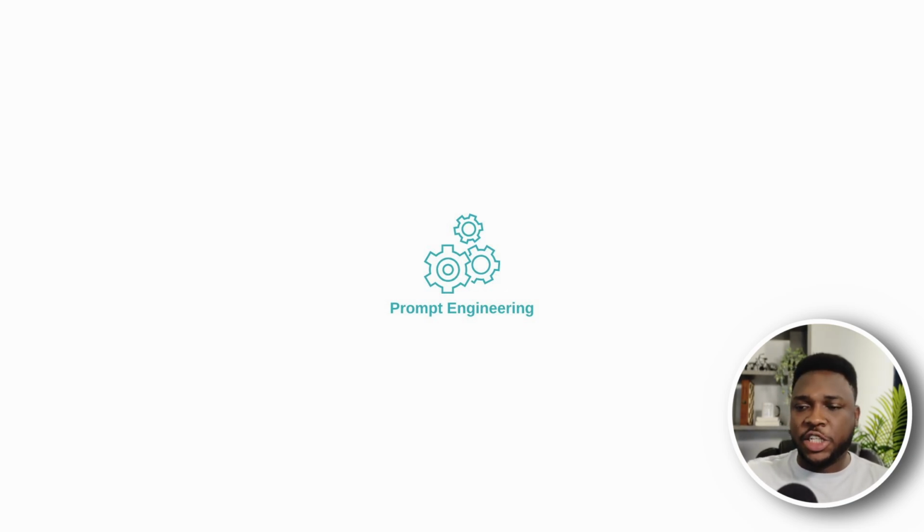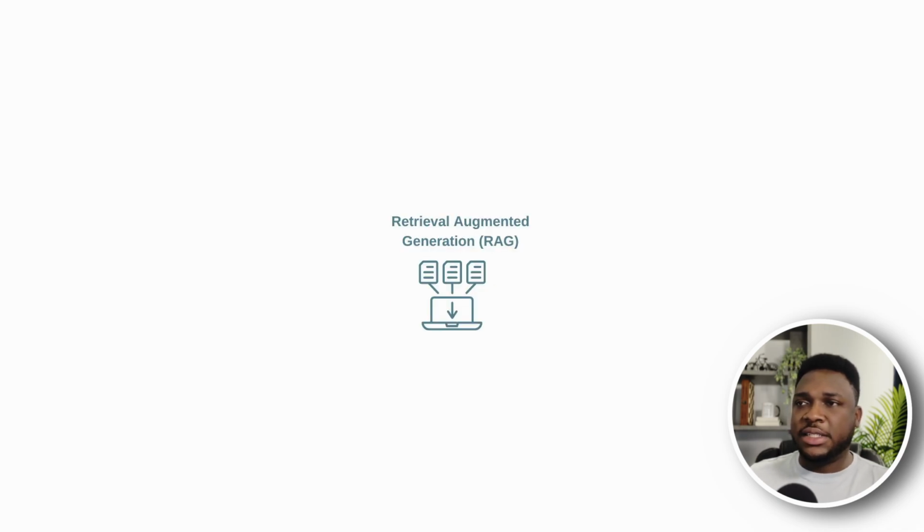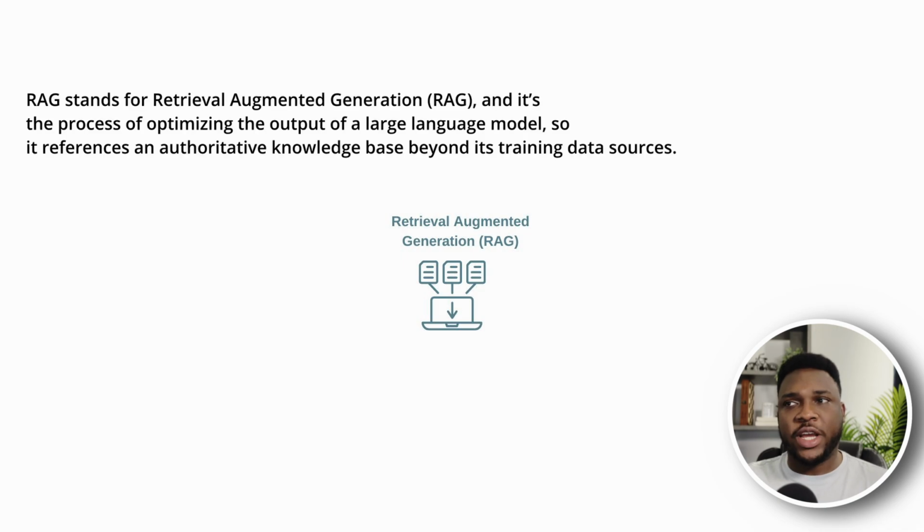And when you've managed stage zero, the foundation model, and you go through prompt engineering, stage two is retrieval augmented generation, or what you call RAG. RAG is essentially bringing info on demand. The best way I can explain it is that it's the process of optimizing the output of an LLM so it references an authoritative knowledge base beyond its training dataset.